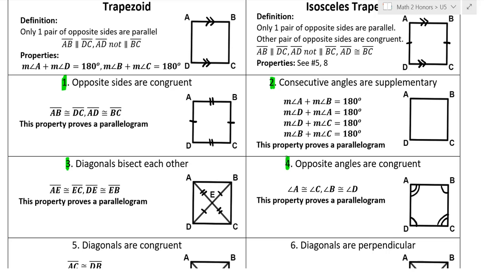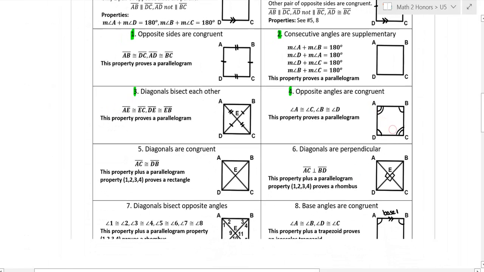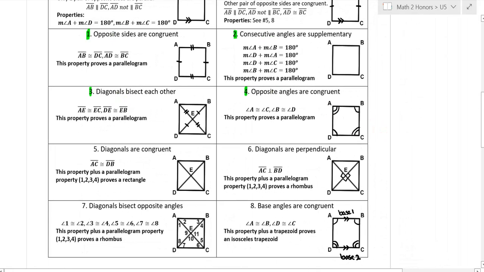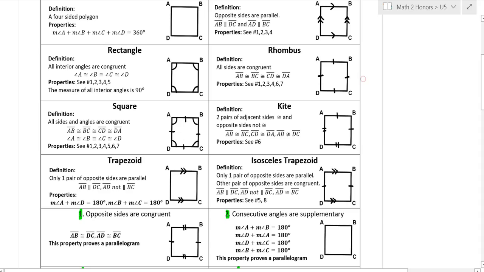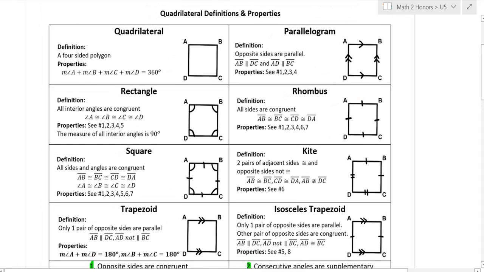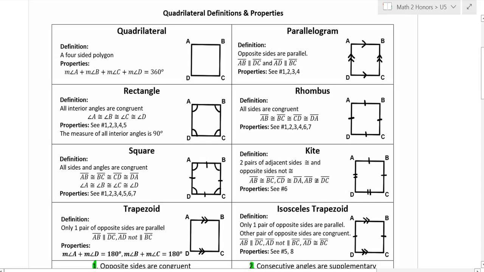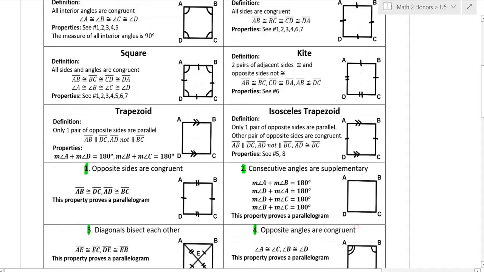So there are a total of 8 different properties that apply to the different shapes in different ways, and then these are the 8 different shapes, and it states which properties go with which shape. Okay, and so this paper right here has everything you need to know.